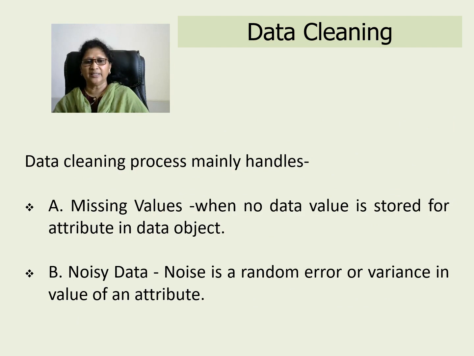In data cleaning, there are two major important aspects which are handled. One is missing values and the second is noisy data. Now, what do I mean by missing values? When there are no values stored for any particular attribute, then we say that it is a missing value.